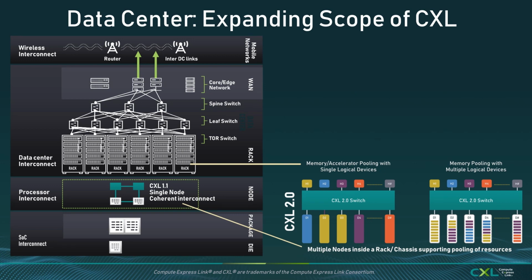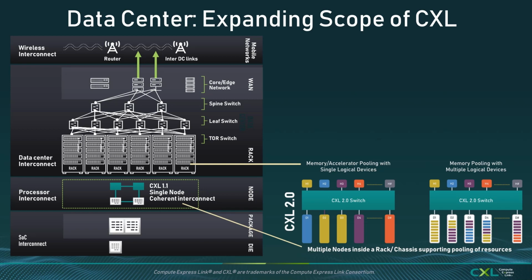One of the additional things that CXL 2.0 did was define in the spec the notion of multi-headed CXL 2.0 switches. This has always been possible, for example, in PCI Express, but CXL went in and defined the switching architecture that supported multi-headed CXL switches, as well as supporting multi-headed CXL devices.